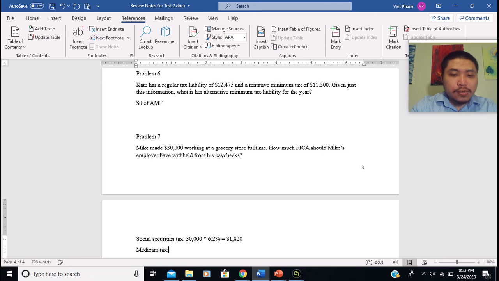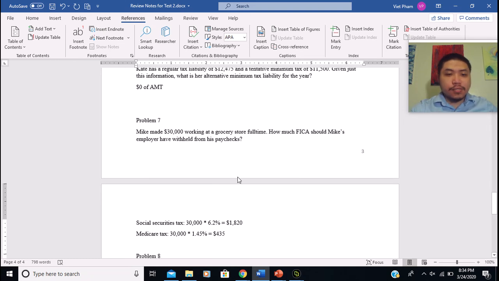Medicare tax: we have $30,000 times 1.45%, or 0.0145, which equals $435. Since his salary is way below the limit, we use the whole $30,000 amount to calculate his Social Security tax.